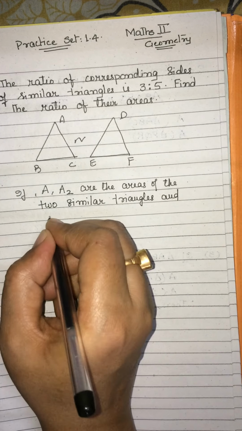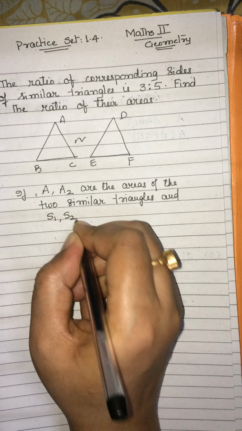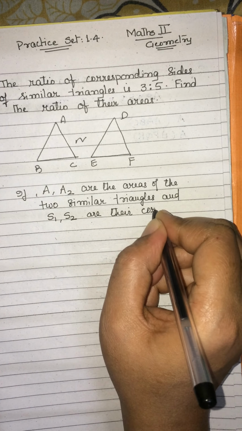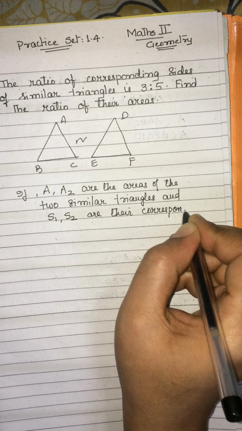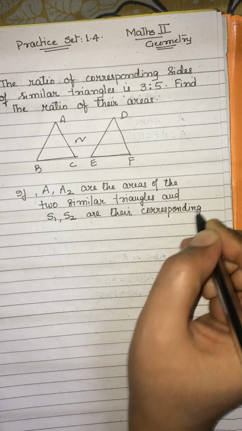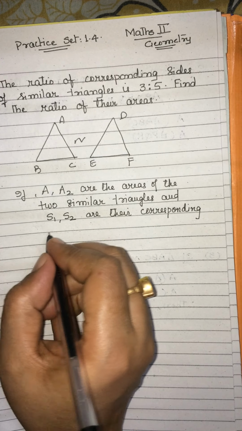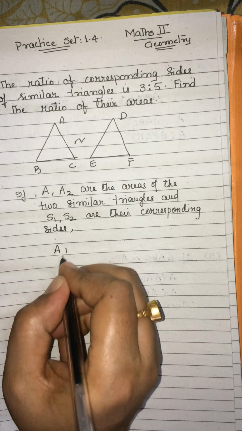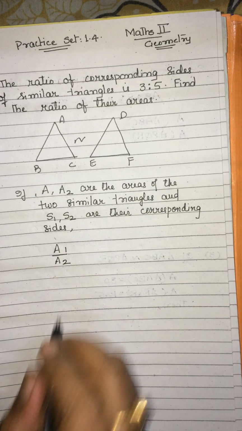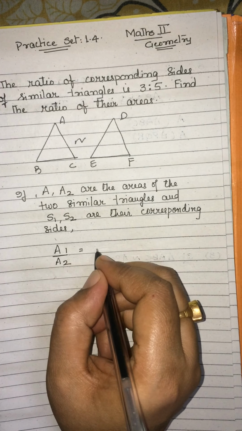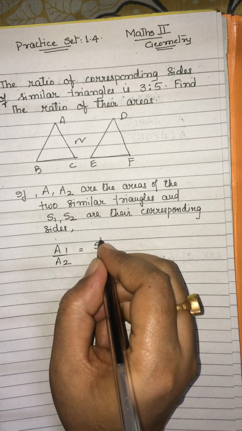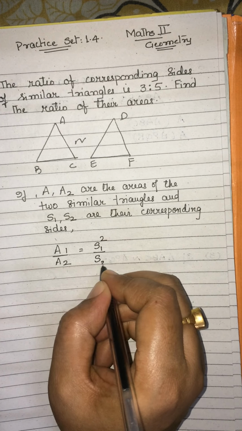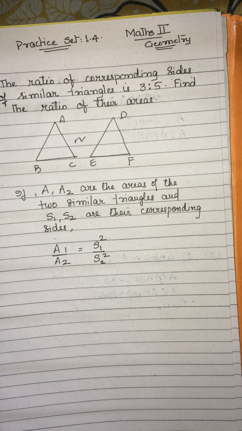If we take S1 and S2 as their corresponding sides, by the property of the areas of similar triangles, the area of the first triangle upon the area of the second triangle will be equal to the ratio of the squares of the sides.